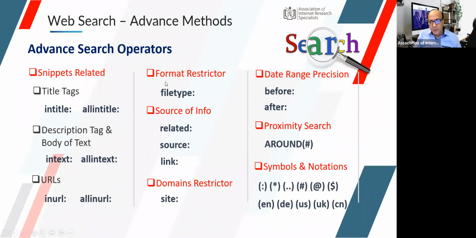So I think what I'd like to do is start with the file type first. On the left hand side, this part is going to cover a large area of information, which is where in title, in text, and in URL will be dealt with.